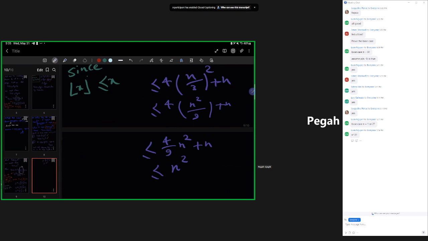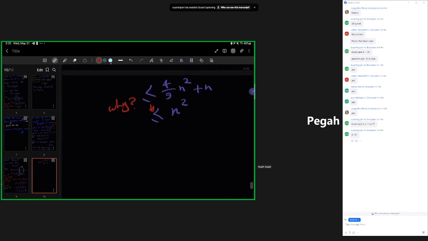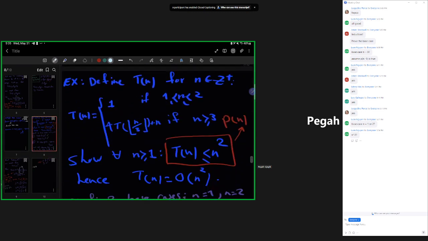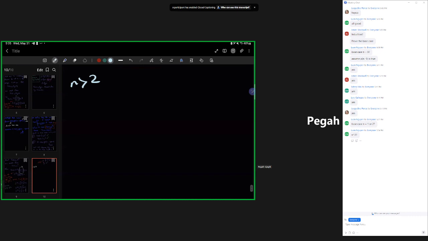So if this is the case, that's going to hold. But let's prove this one. Let's prove why it's going to hold. It's not enough to say, okay, it's going to hold, but let's prove it. First of all, I know n is greater than 2. If n is greater than 2, what is it going to give me? 9 over 5 is less than n.